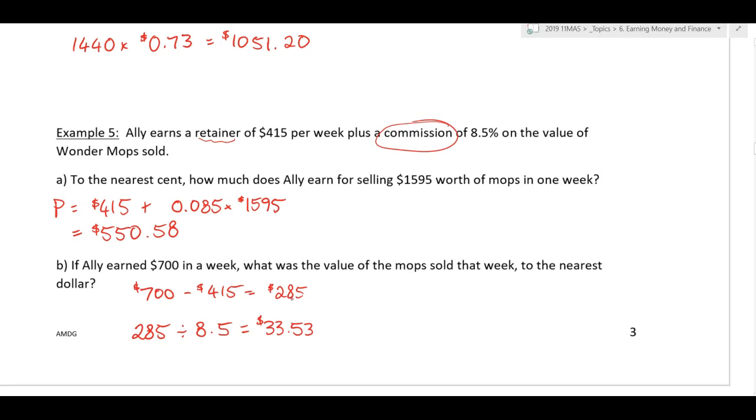That means that 1% of the sales is $33.53, which means that 100% of the sales is 100 times this.